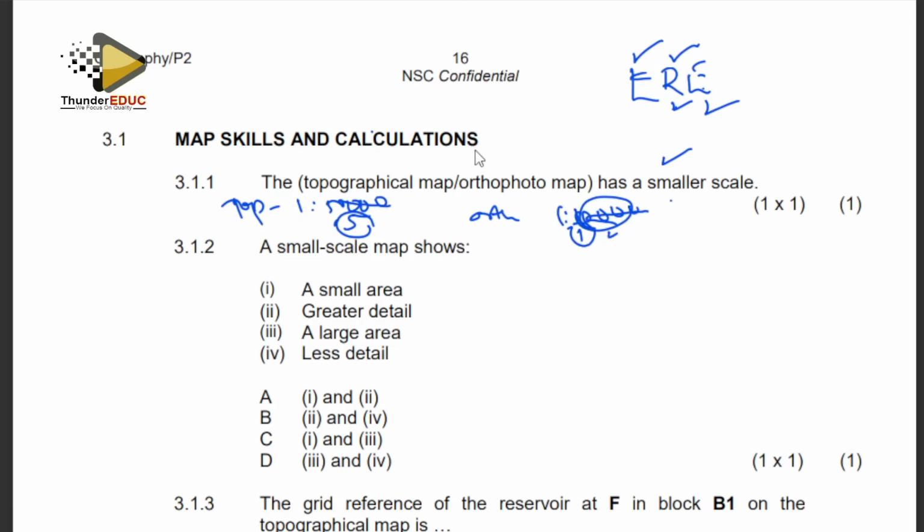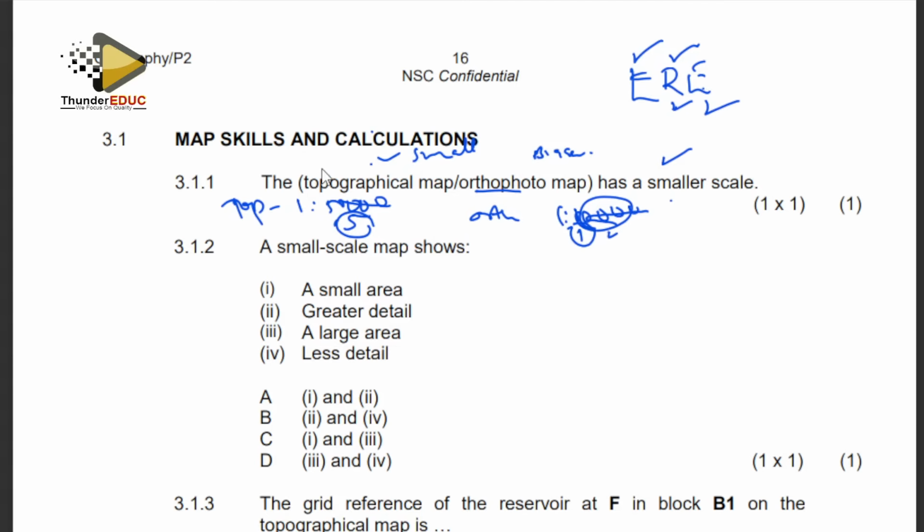Depending on the area it covers, that is the scale we use. So the topographic map with the bigger number, 50,000, is a smaller scale, whereas this one with a smaller number has a bigger scale. I hope that is clear.